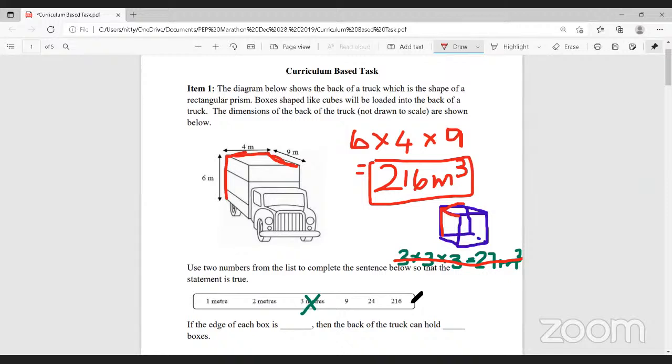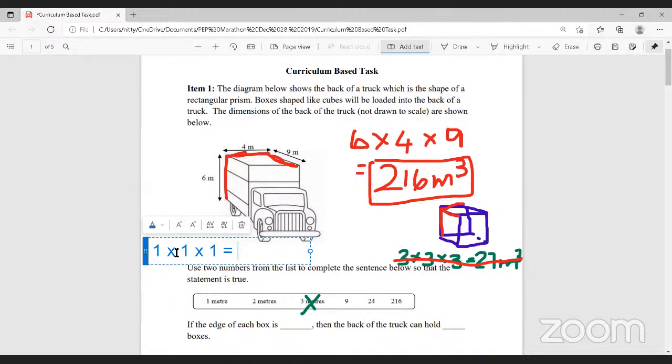Let's think about it. Someone said 1 meter. So if we can use 1 meter, that would mean 1, which is the length, multiplied by 1, multiplied by 1, and that will be equal to what?